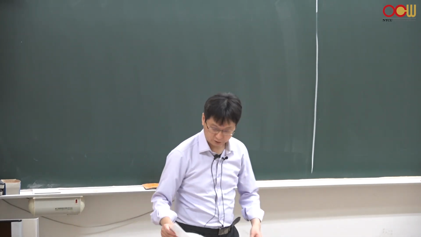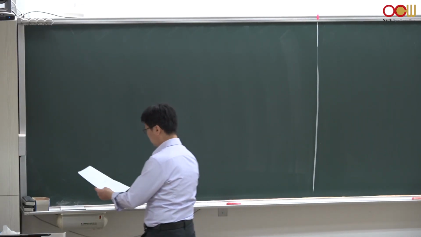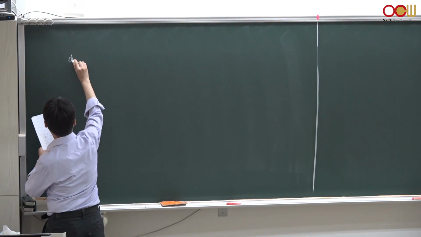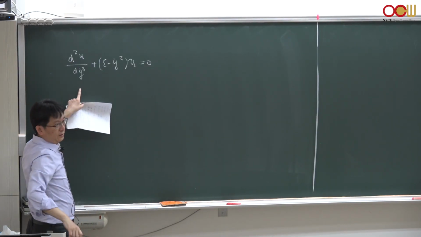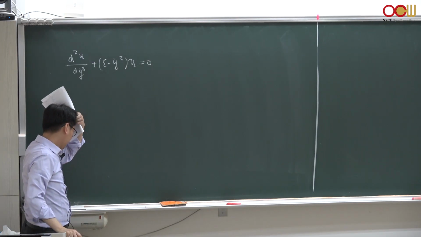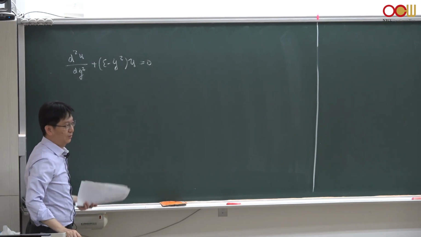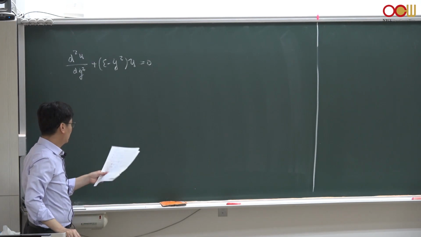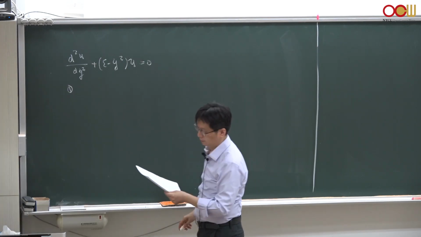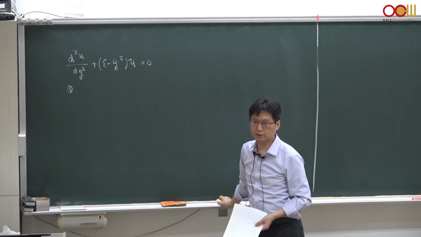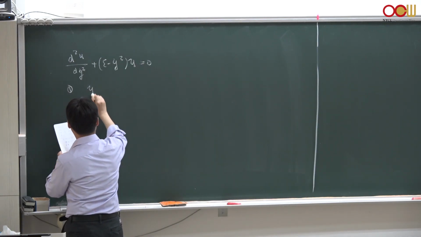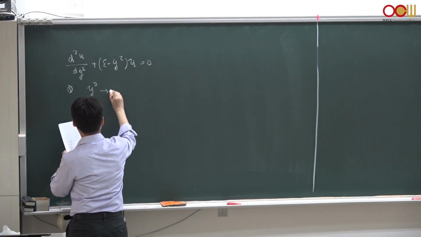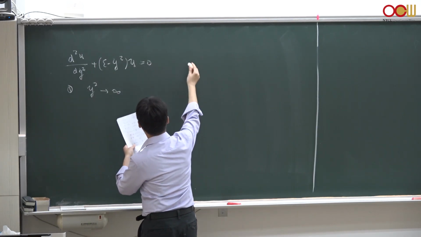Okay, so let's try to solve this harmonic oscillator problem. Of course, we don't have a very good guess or starting point, but there are some limits that we could consider to simplify the calculation. The first limit is when y is very, very large. So remember, y is what?